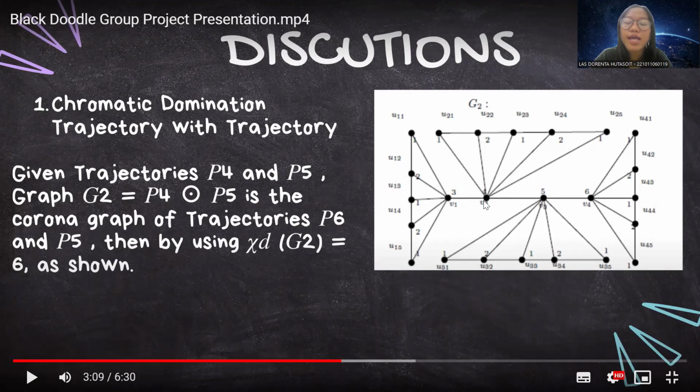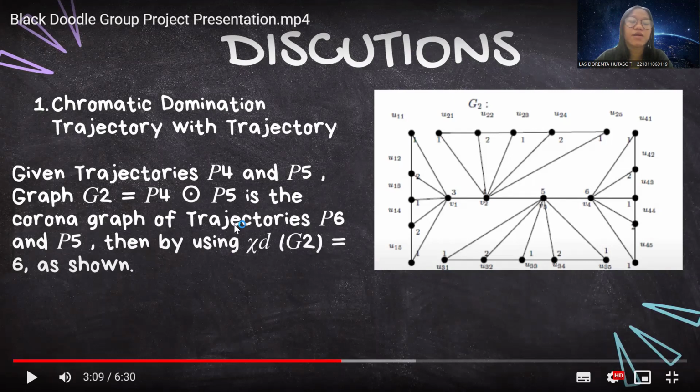Furthermore, Km ∘ Pn and Km ∘ Cn, so that the general form of the chromatic domination on the graph resulting from the corona operation of the graph Gm with path and circle graphs.